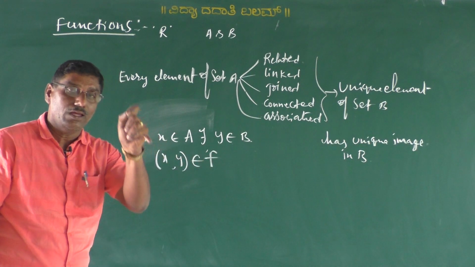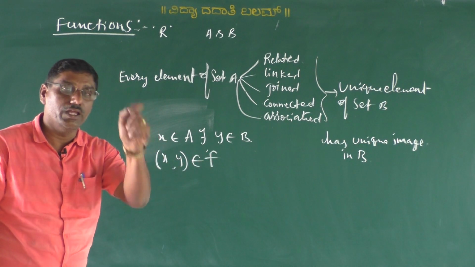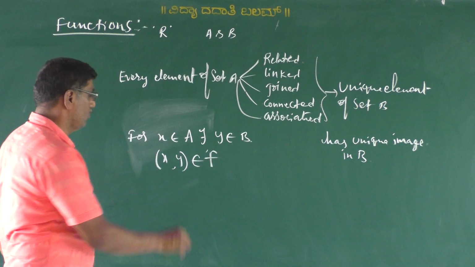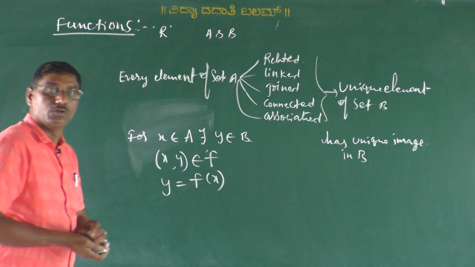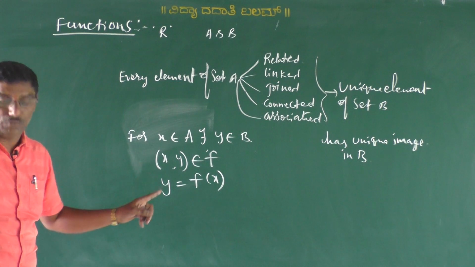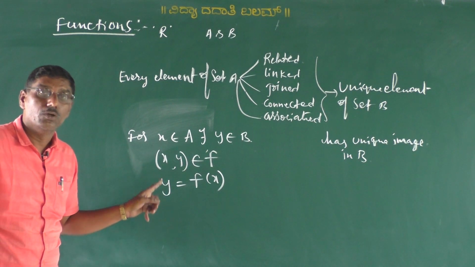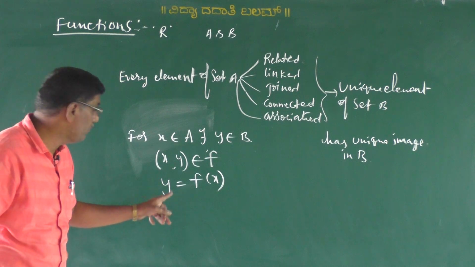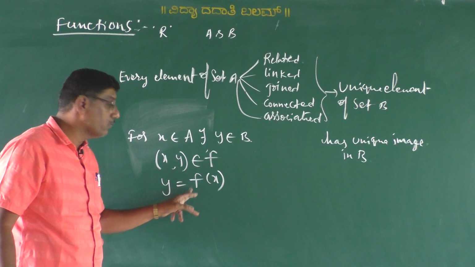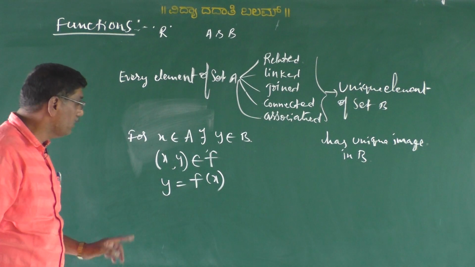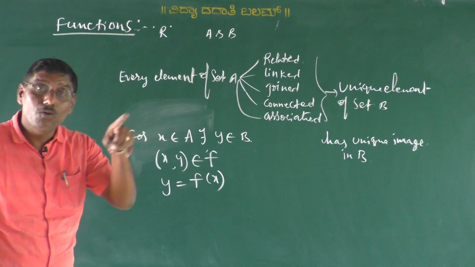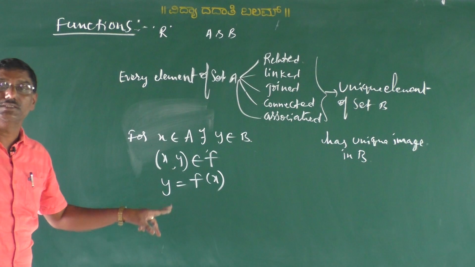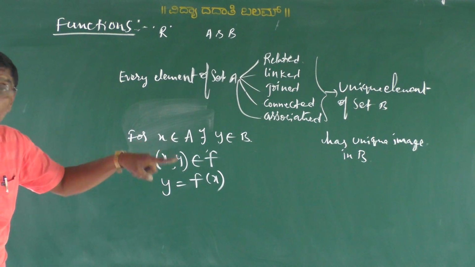This can be generally written as y is equal to f of x. Are you understood? Y is equal to f of x means x is related to y.